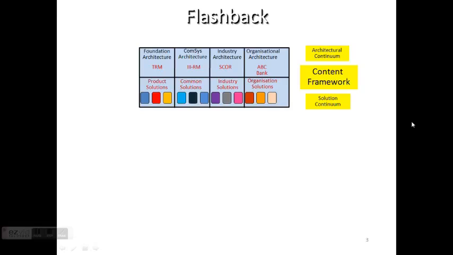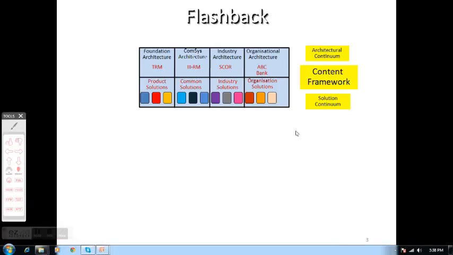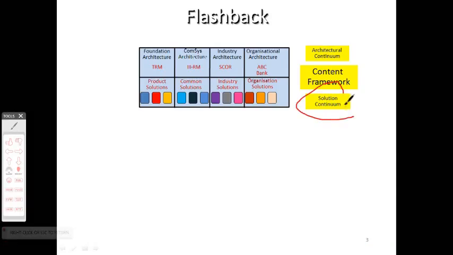We also talked about how, as we go through an iteration of building our own building blocks, we can store them in a content framework, which we called the solutions continuum, as you can see here. Within that solutions continuum we store our own building blocks and we use them as we go along.